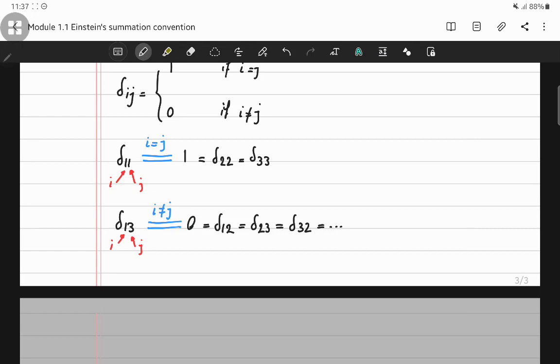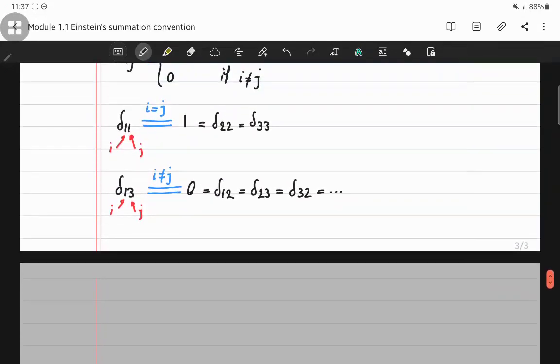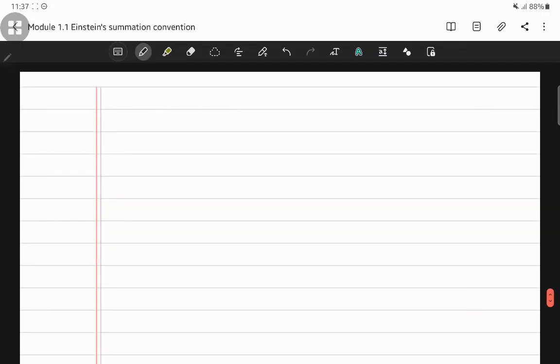And if we write this in matrix form, it's better to say not tensorial form, in matrix form.